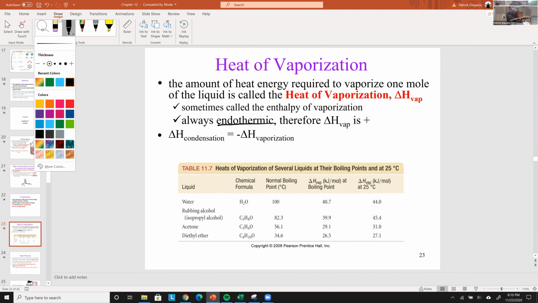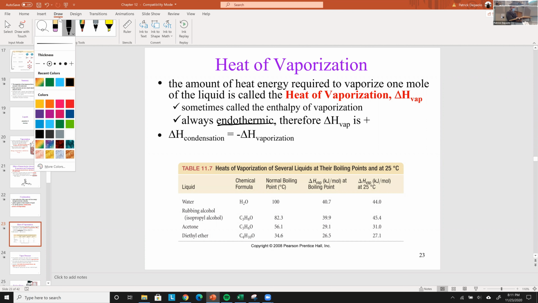Can someone tell me why it is always endothermic? Exactly, it requires energy to go from liquid to gas. Energy needs to be inputted into the system to break those intermolecular forces of the liquid to turn them into a gas.